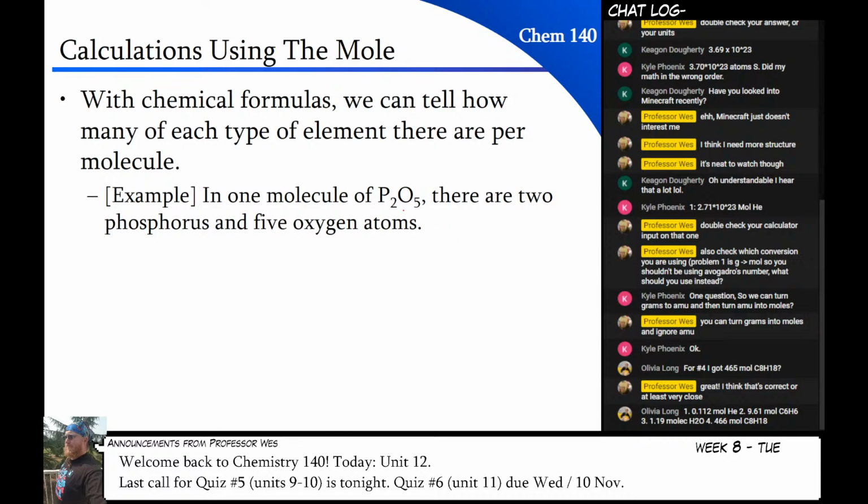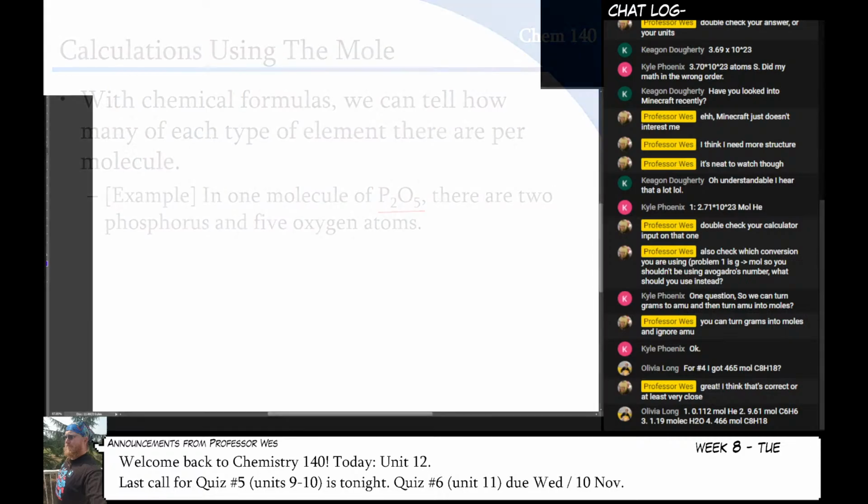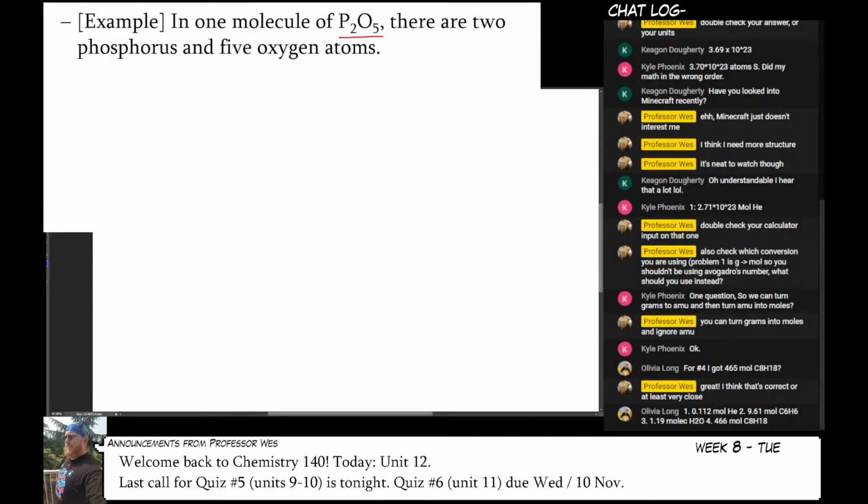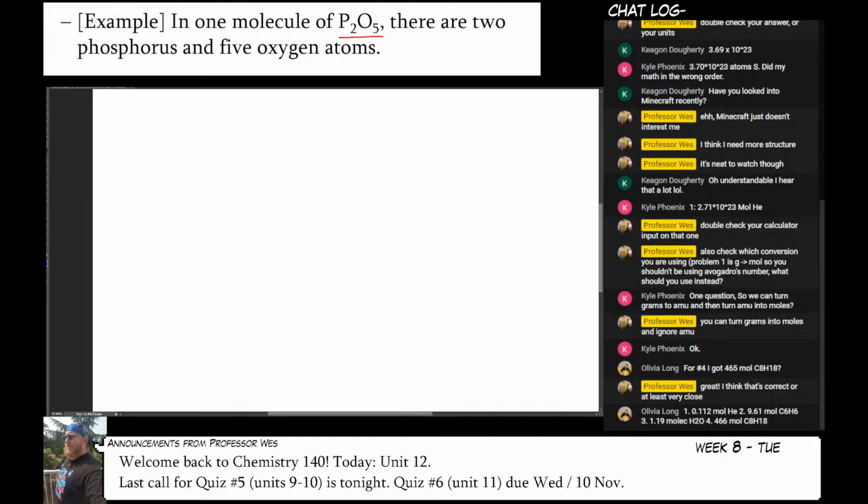So we're going to use this molecule as our example, P2O5. In 1 molecule of P2O5, there are 2 phosphorus and 5 oxygen atoms. And what I'm going to do is take that sentence and write it out in the following way.